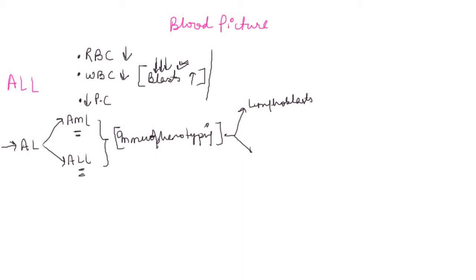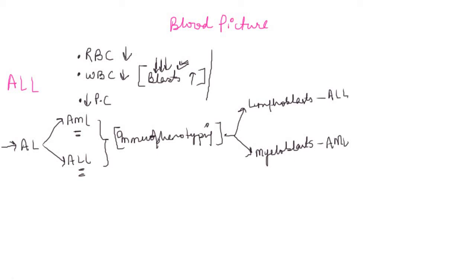Similarly, if you find the particular enzyme found in myeloblasts, then you can be clear that it is a case of acute myeloid leukemia. So via immunophenotyping, you can differentiate between ALL and AML.